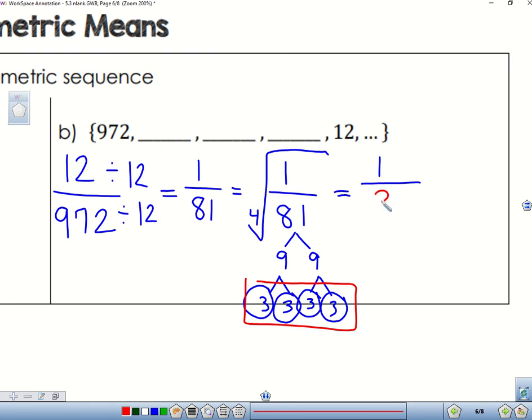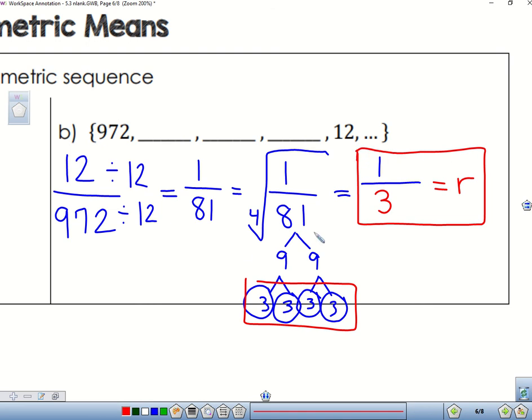Yes, we have a perfect fourth root and it's 3. The fourth root of 81 is 3. So if it helps to keep your mind at ease, taking the fourth root of something is like taking the square root of it twice. What's the square root of 81? It's the square root of 9. 3. So this is our common ratio.